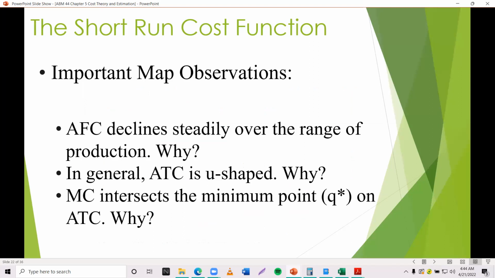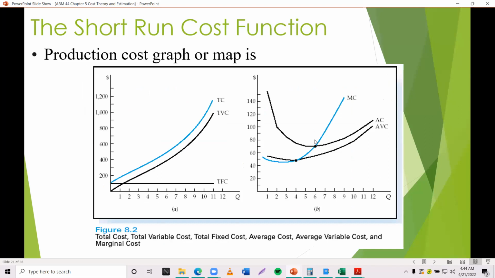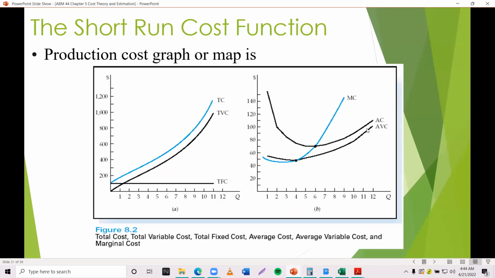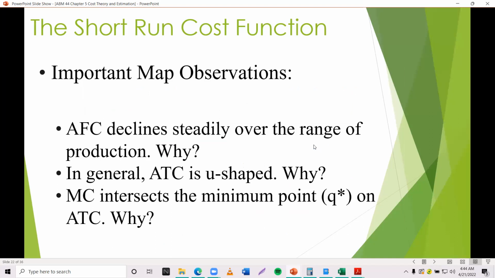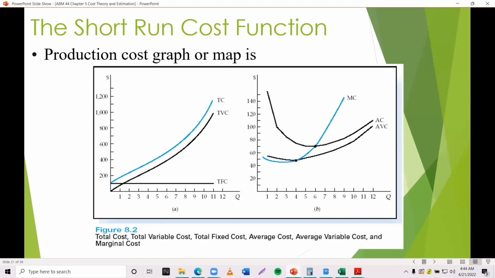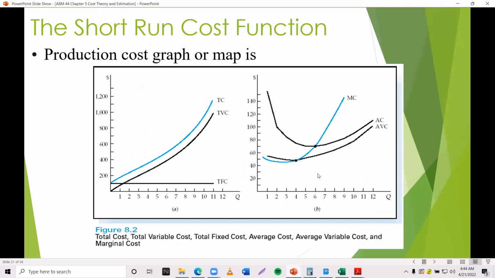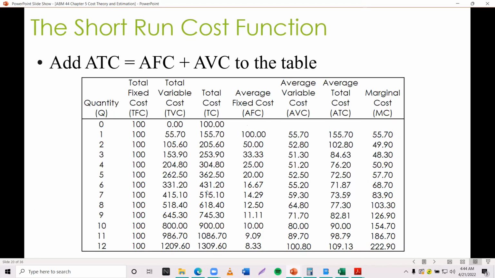So MC intersects the minimum point on ATC. Why do you think so? They intersect at some point, mostly the minimum point of the average total cost. Let's look at the table. At point 6, they have the same value, so they are intersecting.